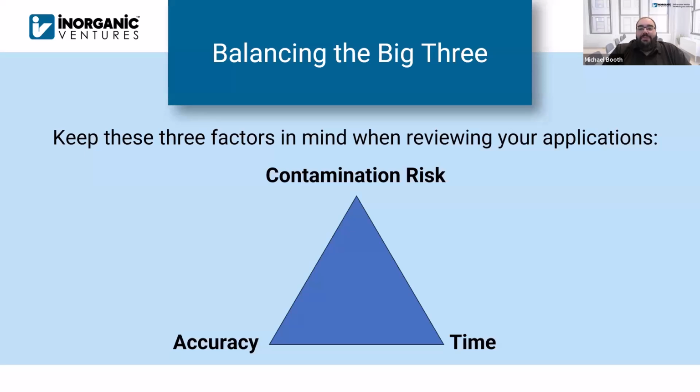And there are some applications where it's really more of a trend analysis. So if your application doesn't call for a high degree of accuracy, then that's something you keep in mind during your sample prep. It kind of balances with these other factors. If you don't have to be extremely accurate, you don't have to worry as much about contamination for certain things, but it's all sort of a balancing act.